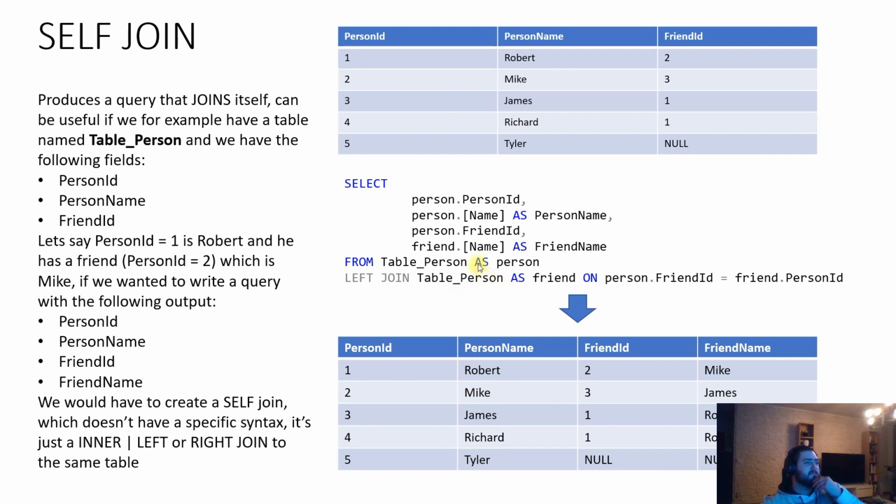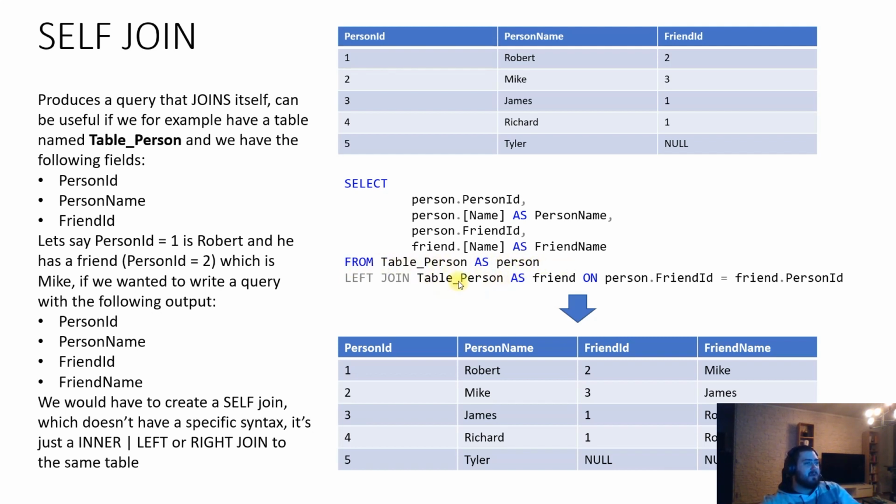In the previous lecture, I mentioned that I usually don't use long names for my aliases. But when I use self joins, I like to be more specific, because when we select from the table person, this table represents a person.